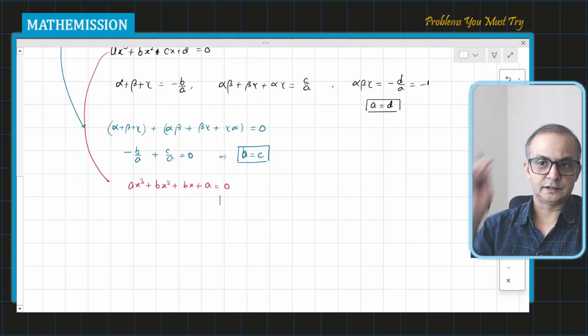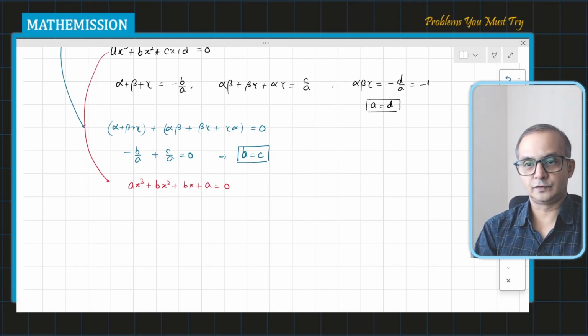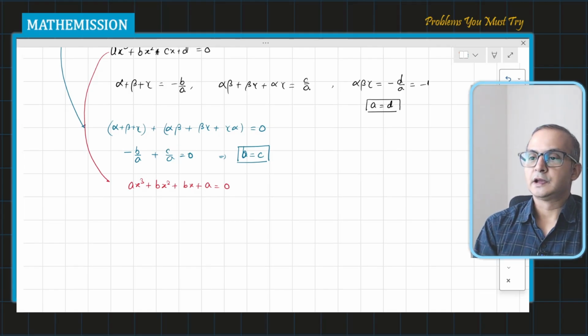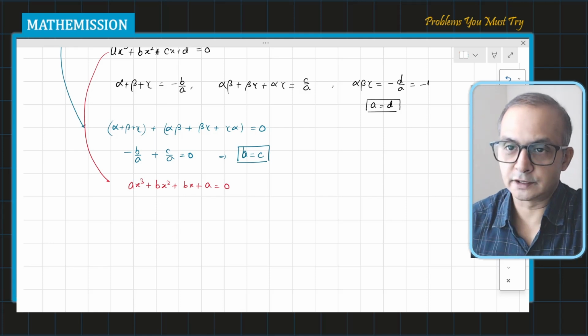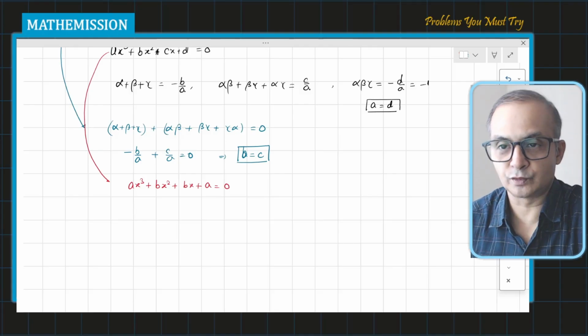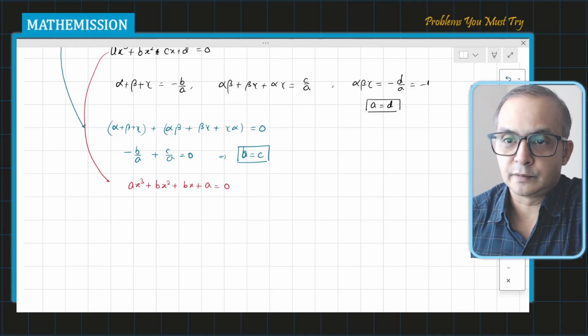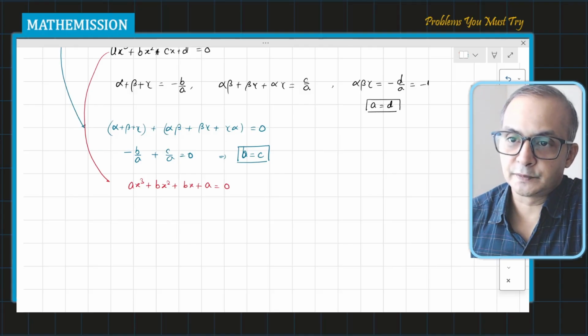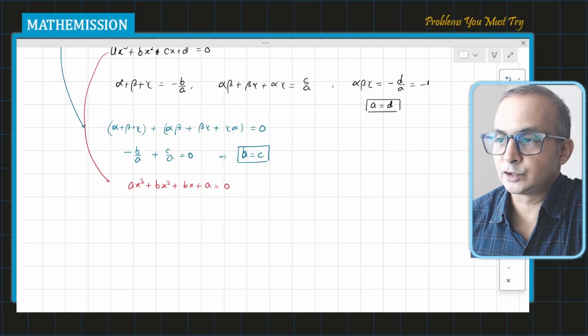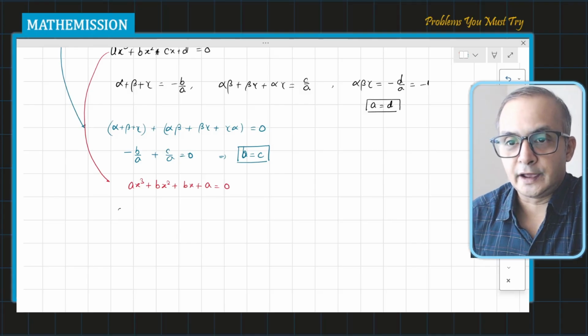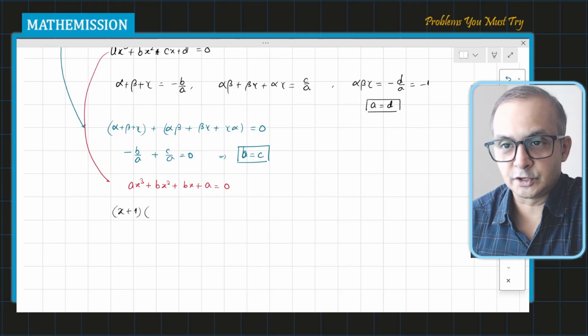You can see that it's a kind of palindromic coefficients a, b, b, a. So here -1 is one of the solutions. You can clearly see that if you substitute -1 there, this will become negative a plus b, and also this will become negative b plus a, so that will get cancelled. So x plus 1 will be a factor of this expression.